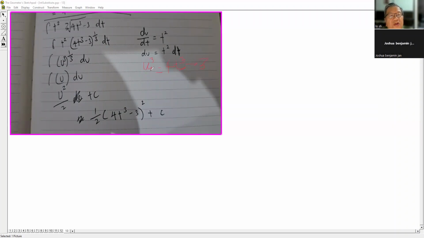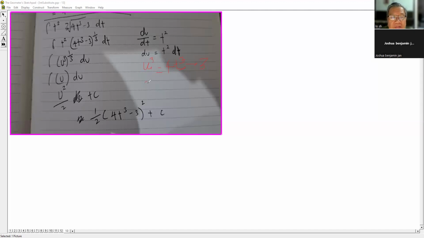When you differentiate u with respect to t, you get du dt. But this is not u, this is u cubed. When you differentiate u cubed with respect to t, you have to use implicit differentiation.